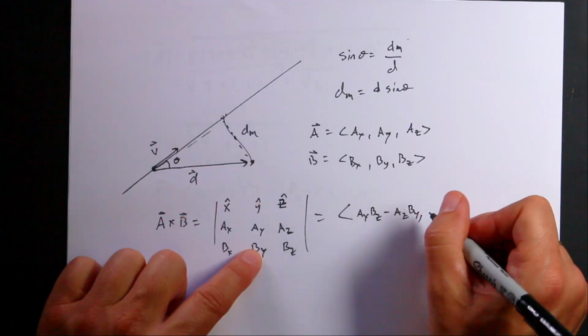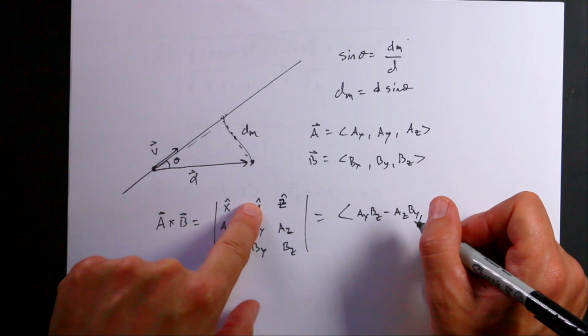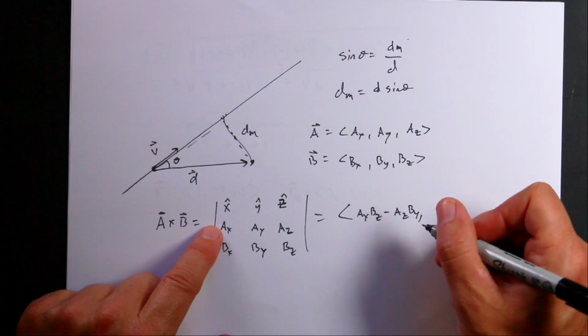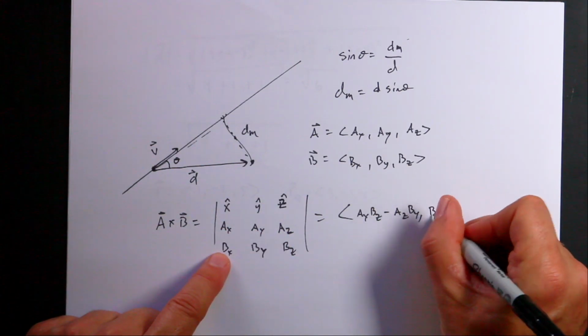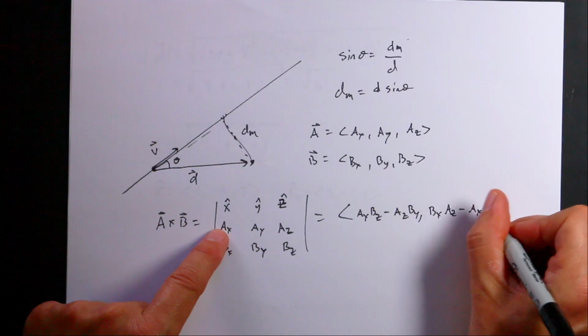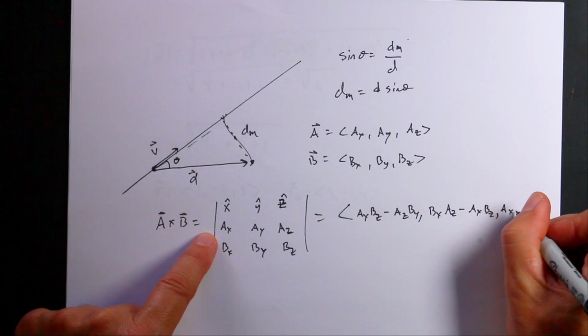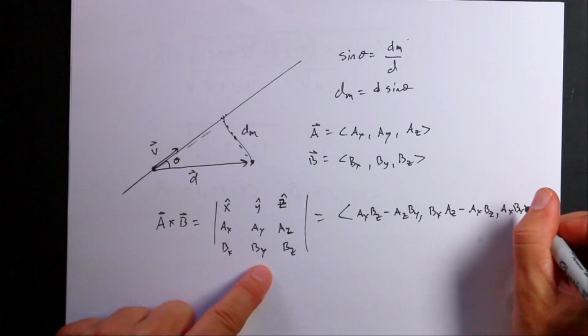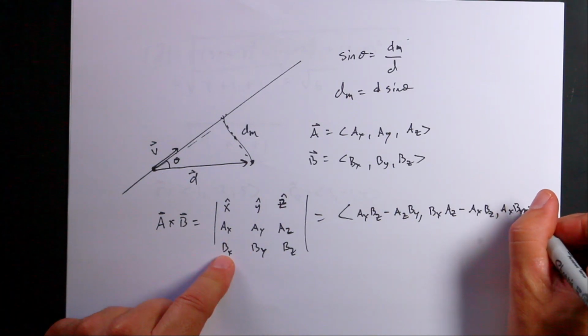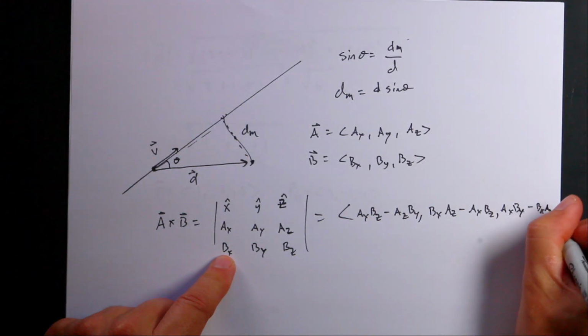The y component has a negative sign because it's the middle term, so that's going to be bx az minus ax bz. And then the z component is going to be ax by minus bx ay.